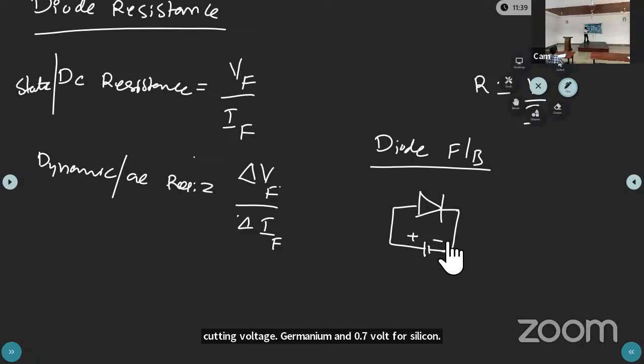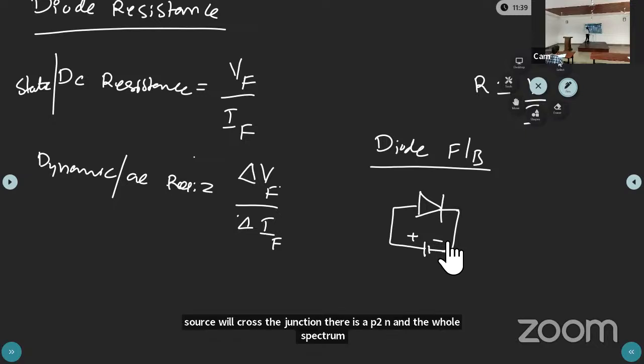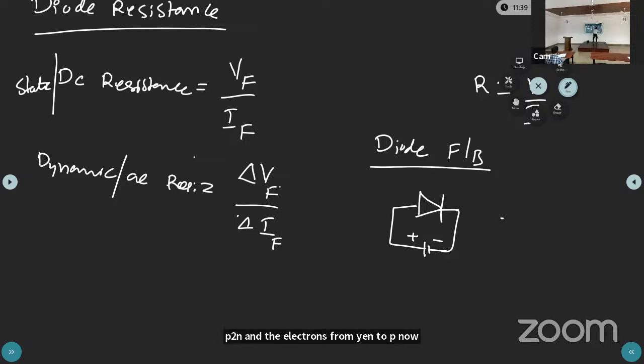Holes go from P to N and electrons from N to P. So after cut-in voltage, the diode acts as a short circuit.